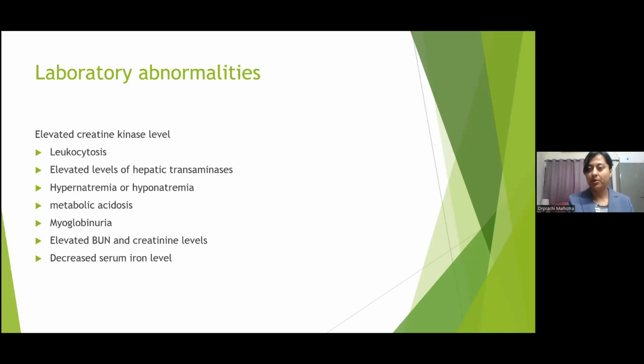Laboratory abnormalities could be leukocytosis, elevated hepatic transaminases, hypernatremia or hyponatremia, metabolic acidosis, myoglobinuria, elevated BUN and creatinine levels, and decreased serum iron levels.